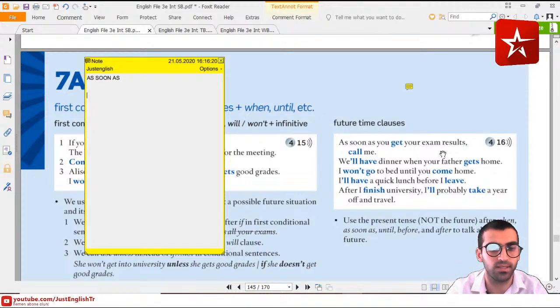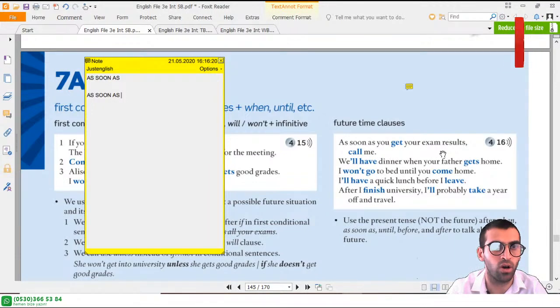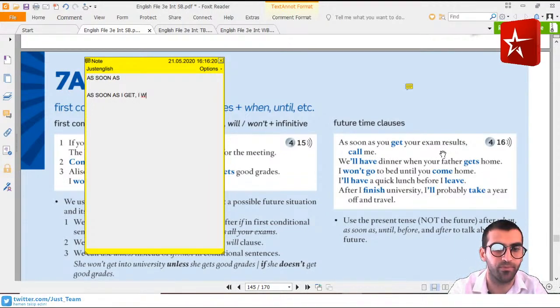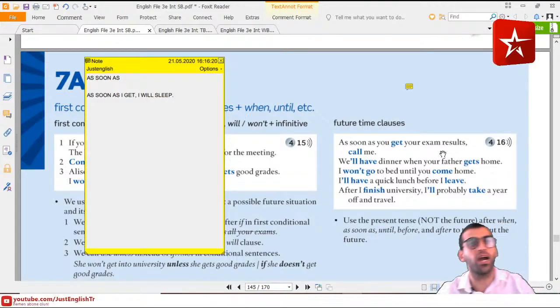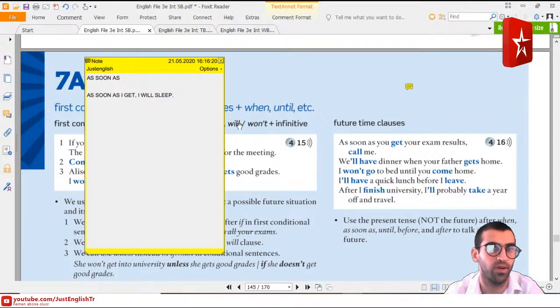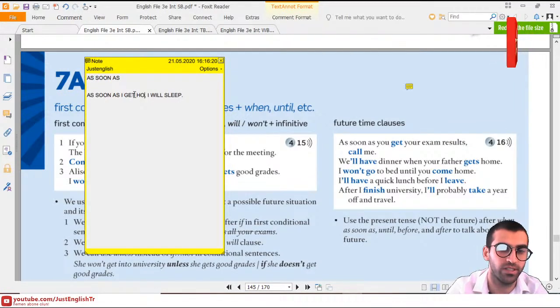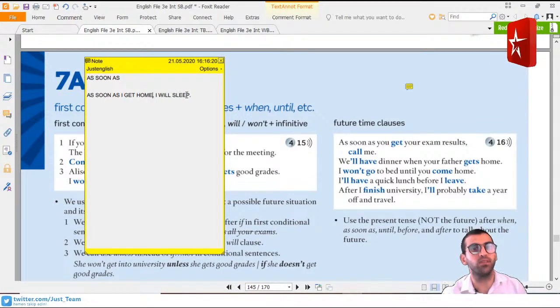As soon as, for example, as soon as I get home, I'll sleep. I will sleep. It means if I get home. I forgot "home" here. Yes, as soon as I get home, I will sleep.